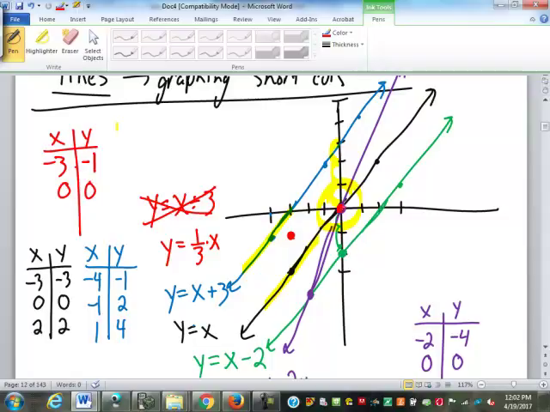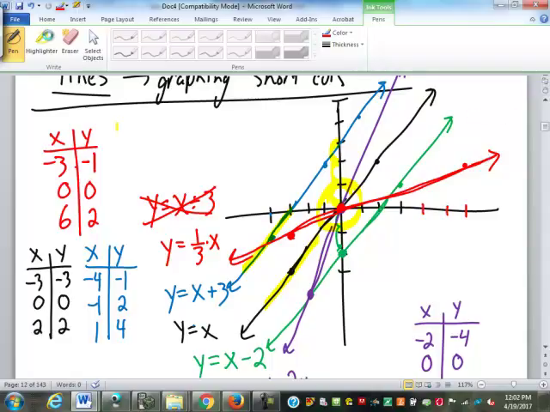Good. Right there is 0. And if x is 6, what's y have to be? 2. Good. So right there. So you can see we do, in fact, get a line that still goes through the origin, but it's less steep. It's a shallower angle.